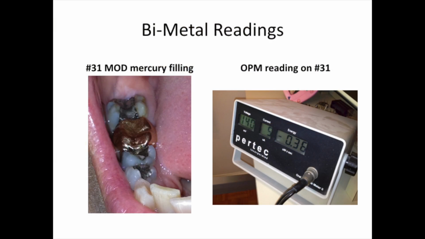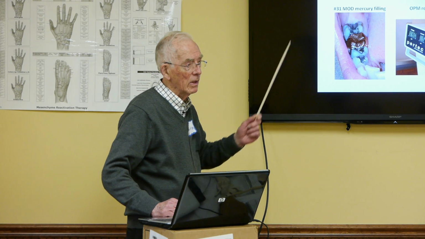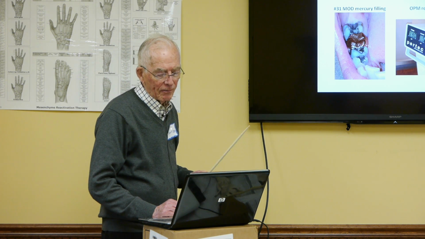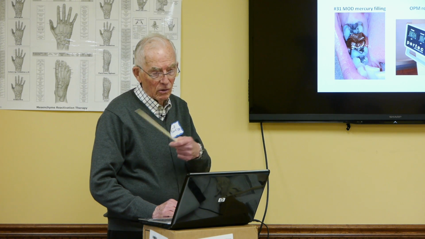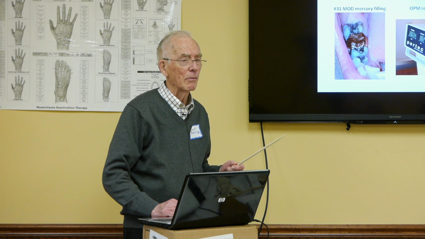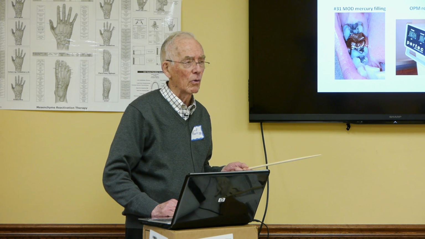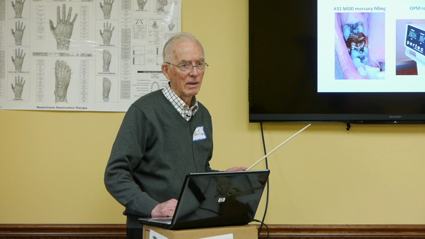This is the oral potentiometer, which reads out in millivolts, microamps, and microwatts times seconds. You see the gold filling and then the mercury fillings on each side, so it winds up to be a bimetal current. For every microamp, and I'll tell it to you, but I don't tell it to my patients, for every microamp, there's a certain number of ions that leave that filling. It's 3 times 10 to the 12th power ions per second come off of that filling.